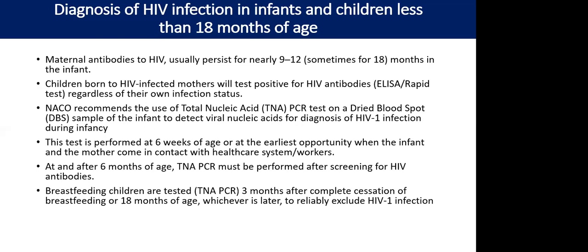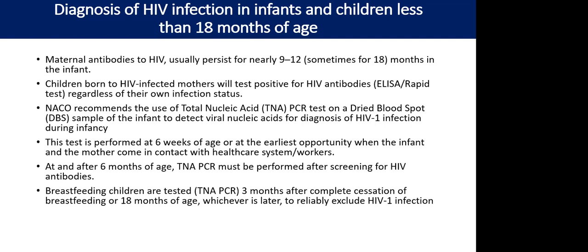At and after 6 months of age, the TNA PCR must be performed after screening for HIV antibodies. And for breastfeeding children, they need to be tested 3 months after complete cessation of breastfeeding or at 18 months of age, whichever is later, to reliably exclude HIV-1 infection.